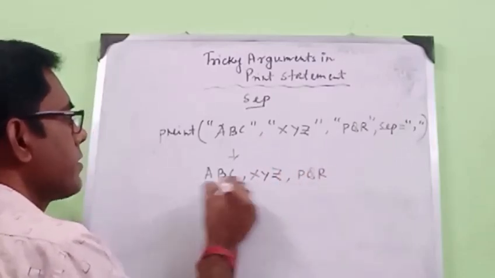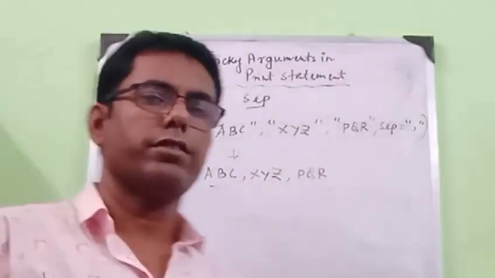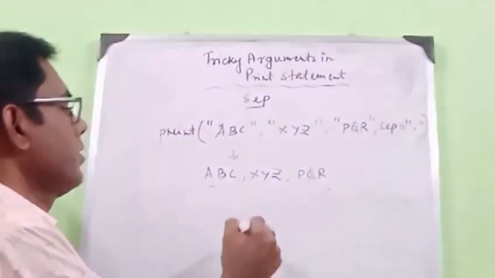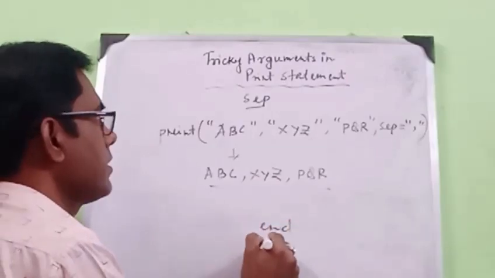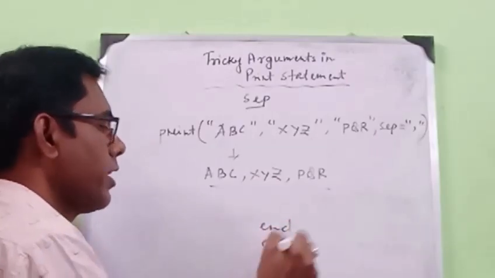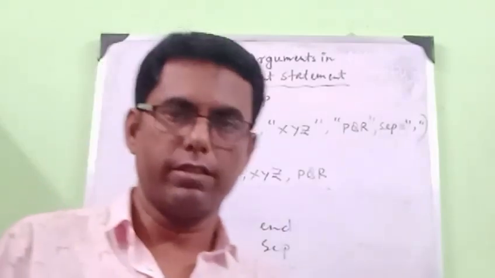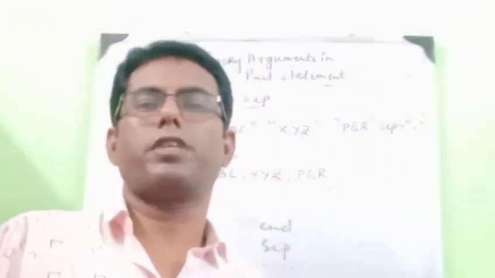So in this way, with the help of the end argument and the sep argument, we can do these kinds of tricky things. These are the tricky arguments for printing.